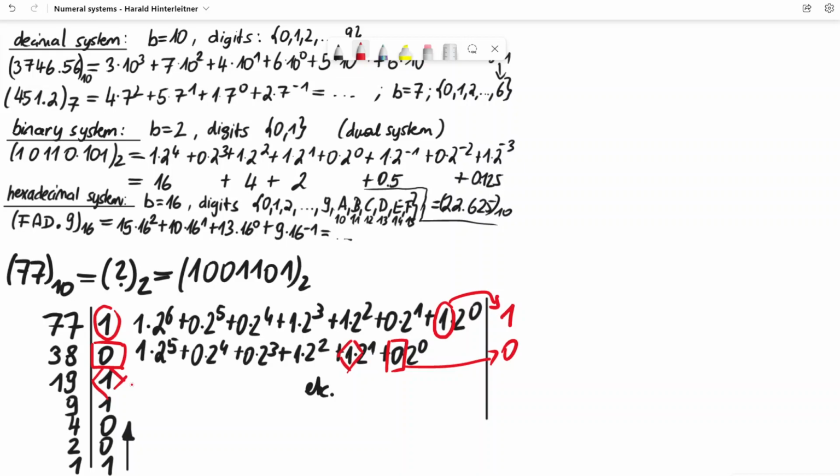So you see, the division algorithm obviously works. So up to now we converted the integer decimal number 77. But what if we want to convert decimal numbers with digits after the point? And I just show you an example.